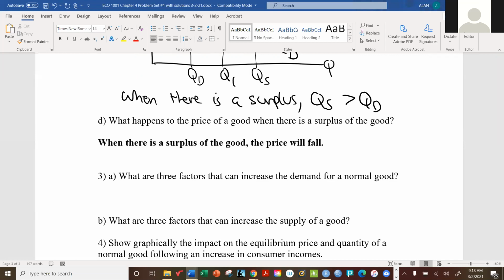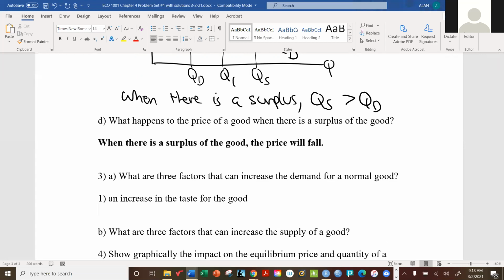All right, so number one, an increase in the taste for the good. Okay, just like we've seen over time, people wanted more and more organic products. They want healthier products and they want less tobacco. We know that for sure. But that's a separate case. We'll look at that separately.